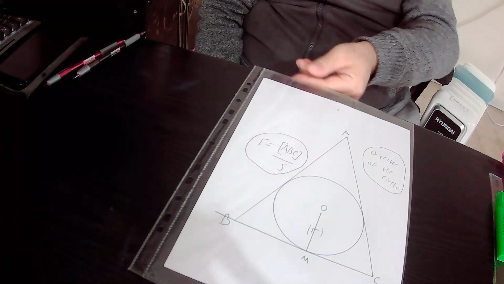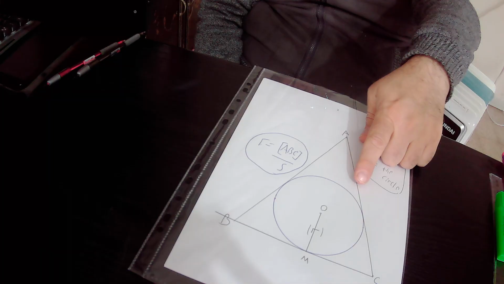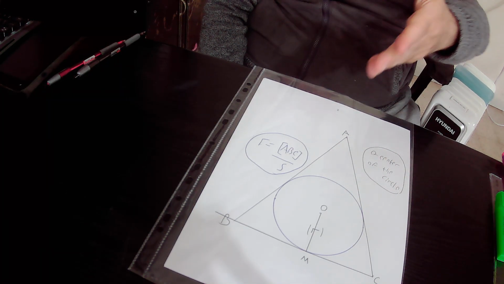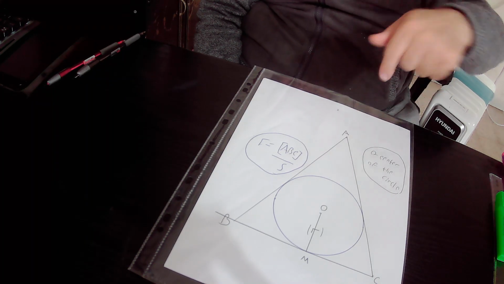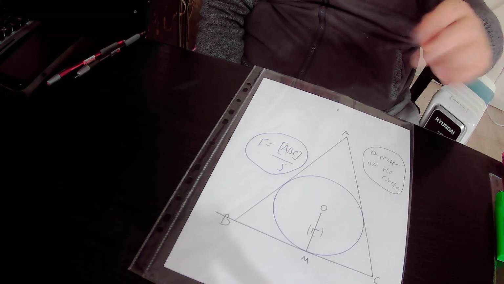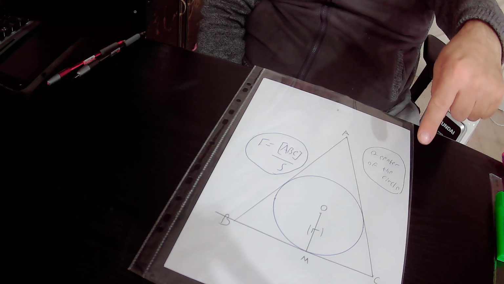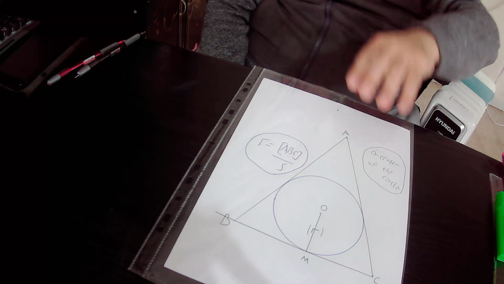So here in the drawing we have a triangle ABC that could be any triangle. This triangle ABC blocks this circle. This circle is inscribed by triangle ABC. Again, the radius R of this circle equals the area of triangle ABC over the semi-perimeter of this triangle ABC. The semi-perimeter is the perimeter over 2. The perimeter is AB plus BC plus AC, and if we divide it by 2, we get the semi-perimeter S. We can implement rule number 15 in our drawing.